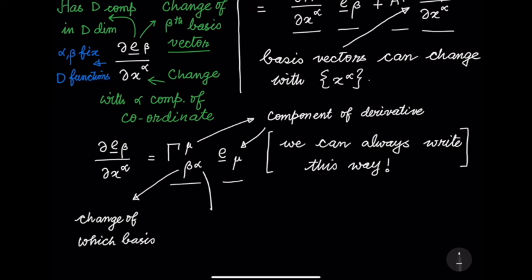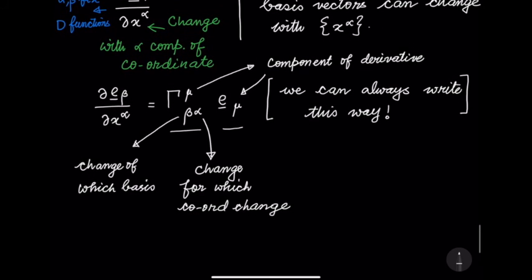And this is change with respect to which coordinate? Okay. So this has a name. It's called the Christoffel symbol. We'll discuss it later.